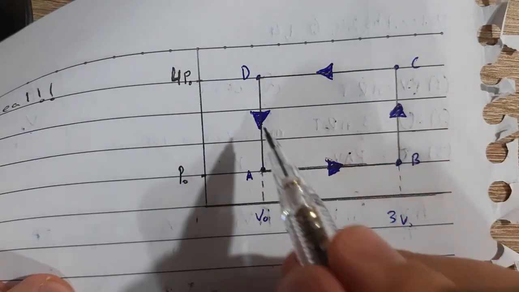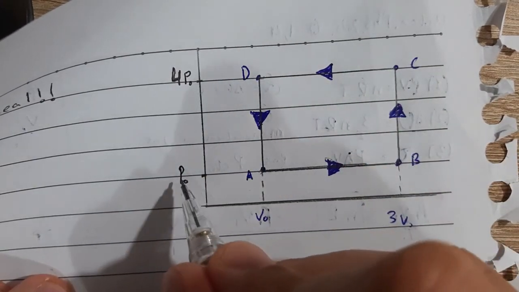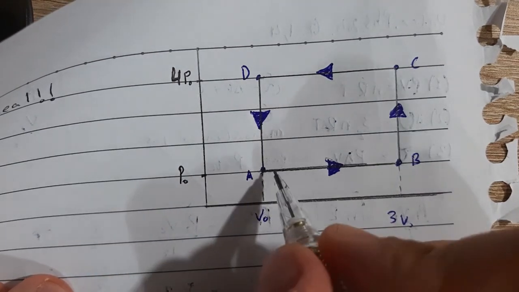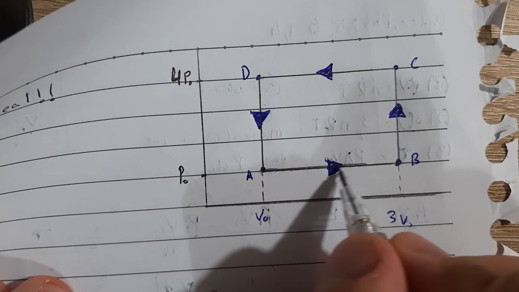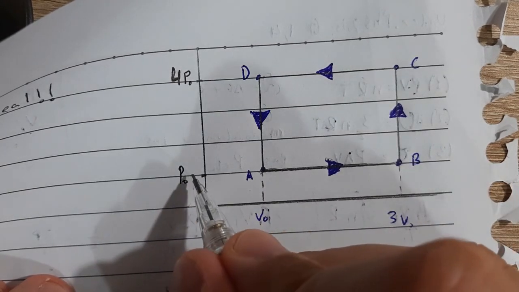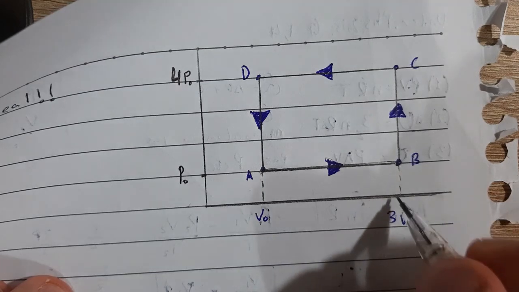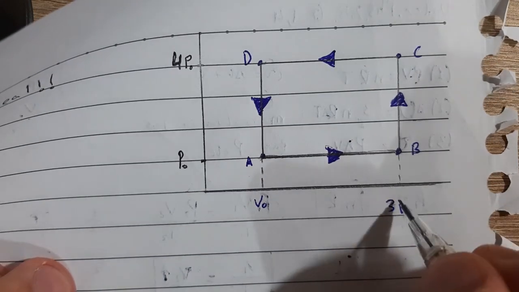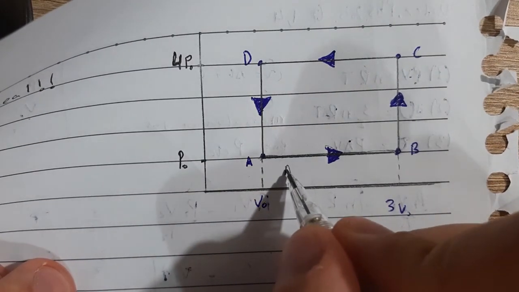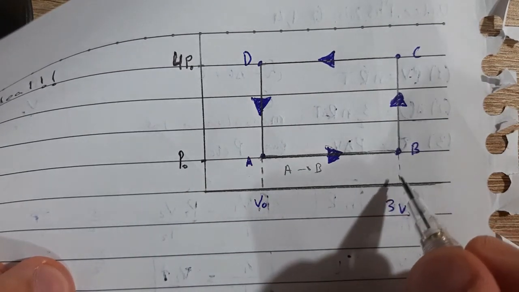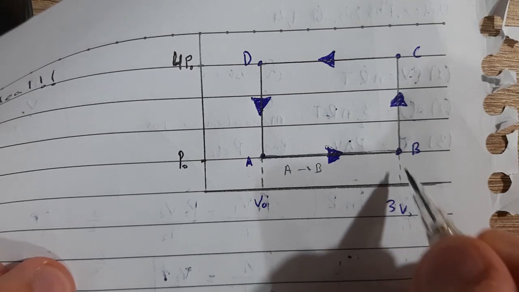Okay, so this is the thing. He starts with pressure P0 and volume V0, and then he goes to B at a constant pressure, right? But the volume increases from A to B. The pressure is constant and the volume increases.